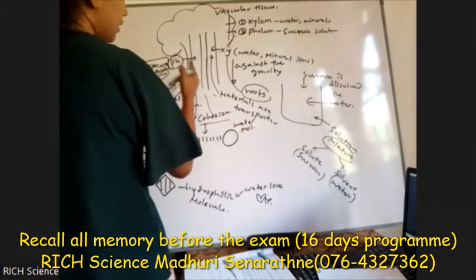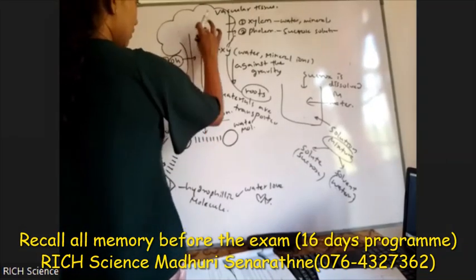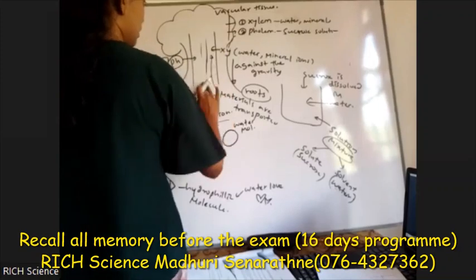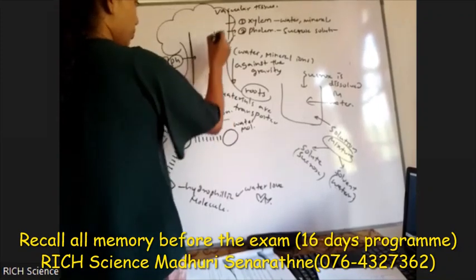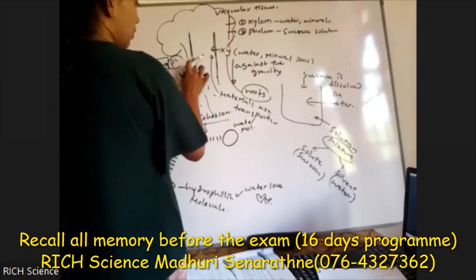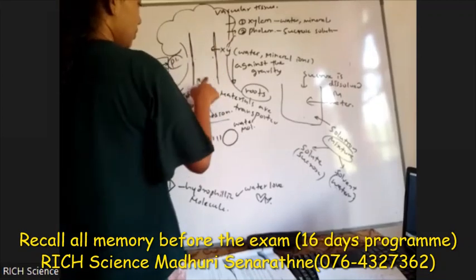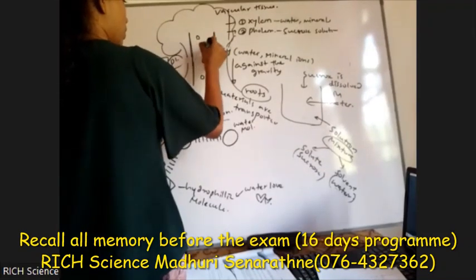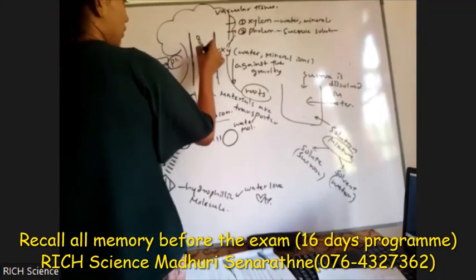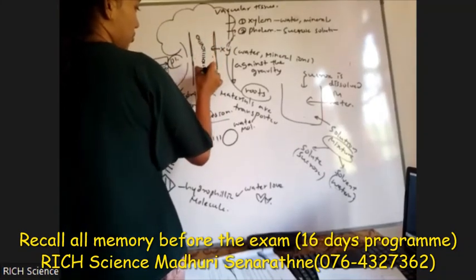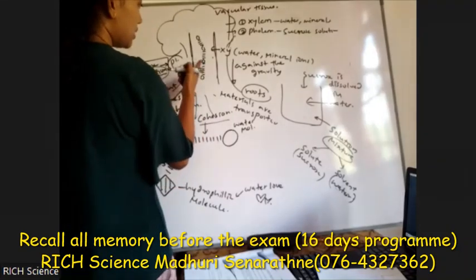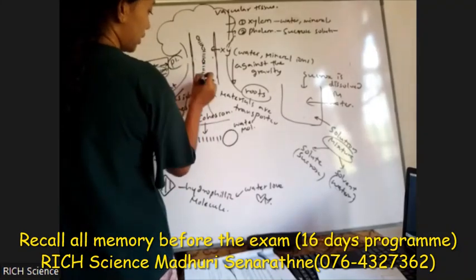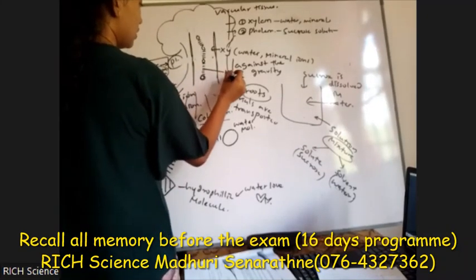Think of this as an enlarged pyramid. The whole tube is the xylem tissue. This is a water molecule and this is a water molecule. So intermolecular hydrogen bonds occur between these two water molecules. This is a hydrogen bond.